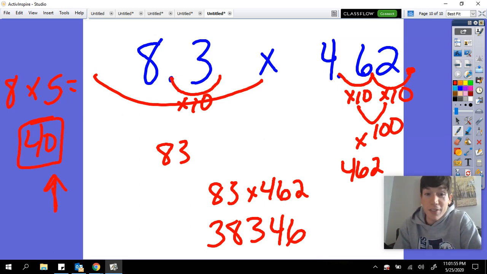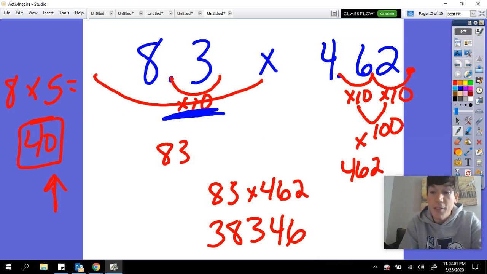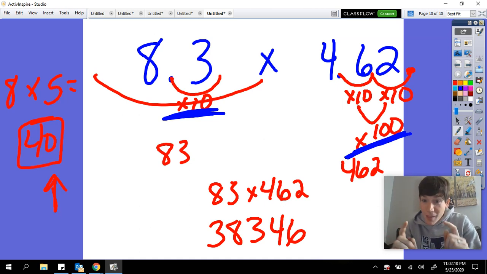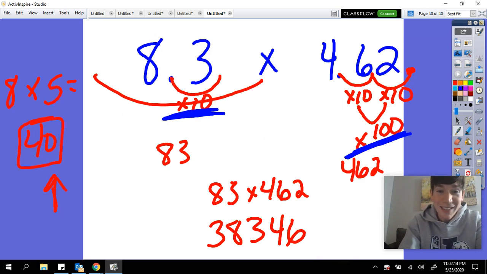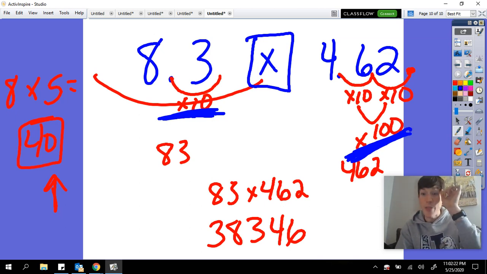Now, this one changes slightly. You'll notice that what we actually did was multiply this first number by 10, and we multiplied this second number by 10 twice, or 100. Because we then multiplied those two numbers, that's like 10 times 100. 10 times 100 is 1,000.